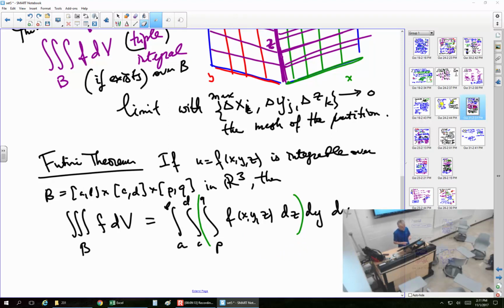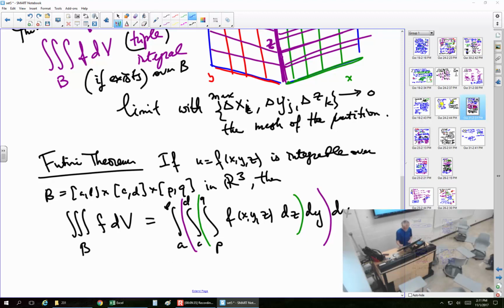Once you're done with it, then z will be gone, and there will still be two parameters left, and then you do integration with respect to the next variable. Well, next being what? Okay, so then with respect to y, you integrate, the y disappears, you're left with only a function of x, and then that's the last integration.